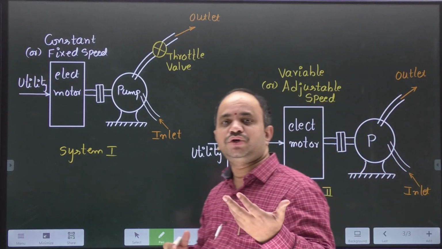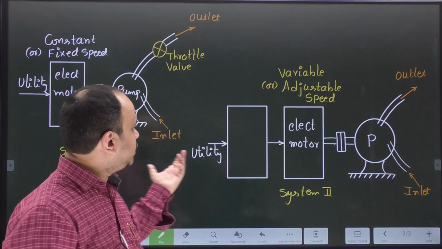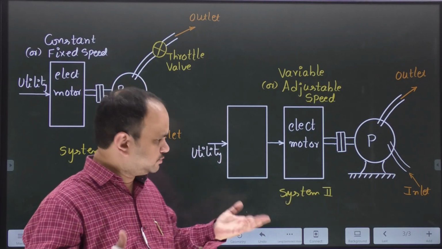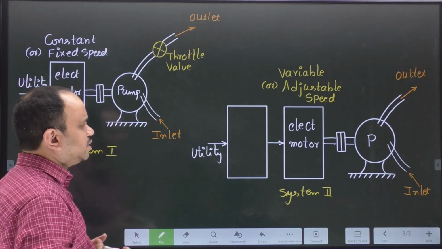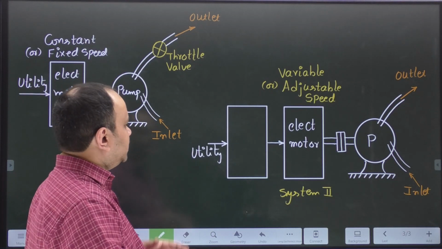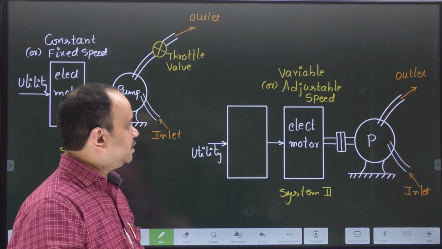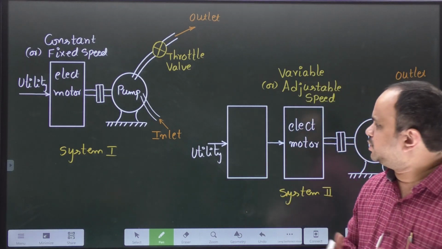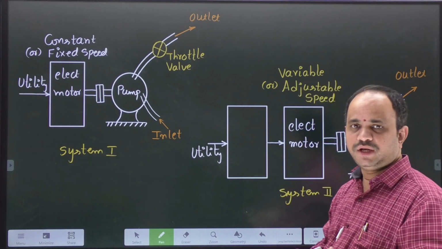Therefore, depending on the output only, we are taking the power from the utility system. Now, straightforwardly without any equations, you can simply say that in the second system, depending on our output requirement, we are consuming the power accordingly.